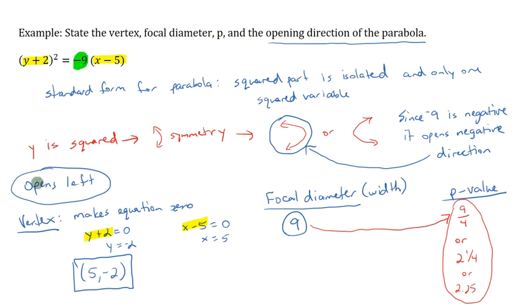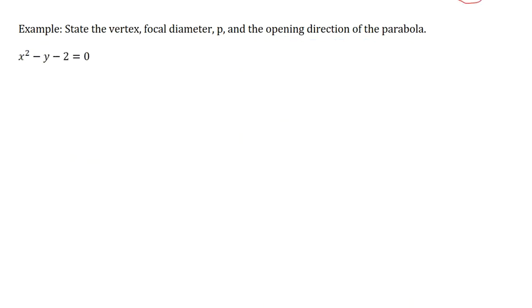We'll do one more example. I wanted to do something that looks a bit strange, but is also pretty simple. We want this to be in standard form, and we notice that x is squared.